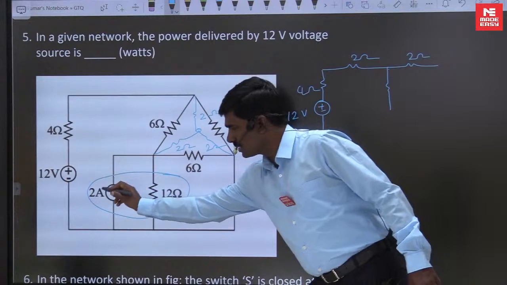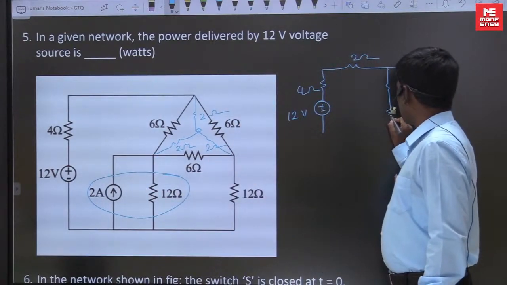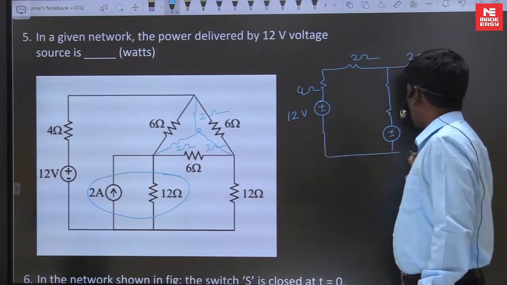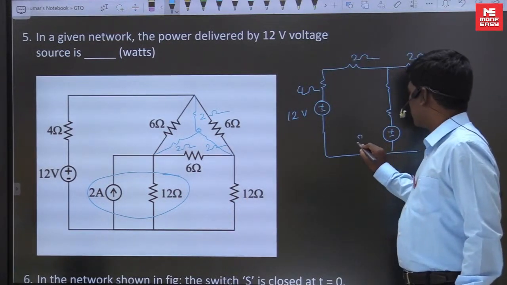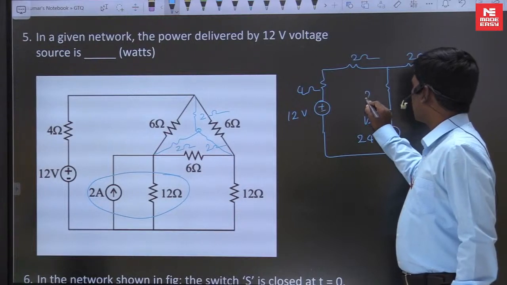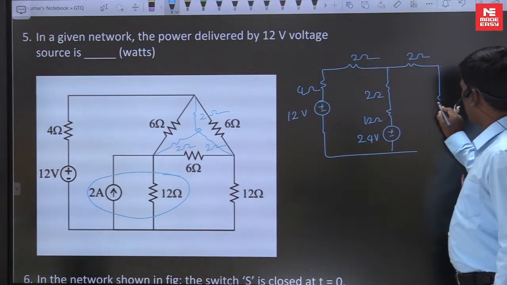Now this total is replaced with a voltage source in series with resistance. Voltage source value is 2 into 12, 24 volts. Here 12 ohms, here 2 ohms. Now this is 12 ohms.